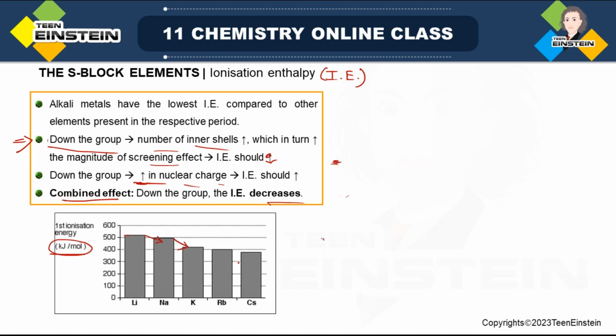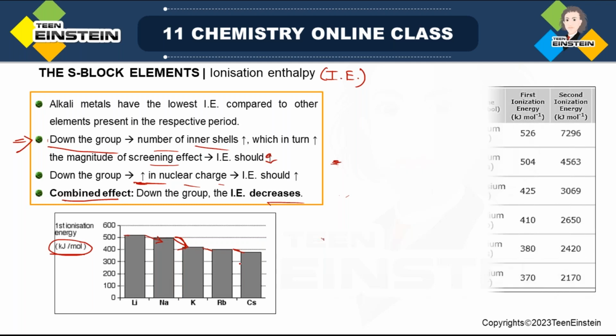Now one more important property is also there. It is true that it is decreasing from lithium to sodium. There is smooth decrease. But see, when you are moving from sodium to potassium, this difference is very high. But this difference, it is not so high. So this is also another important observation. Fine.